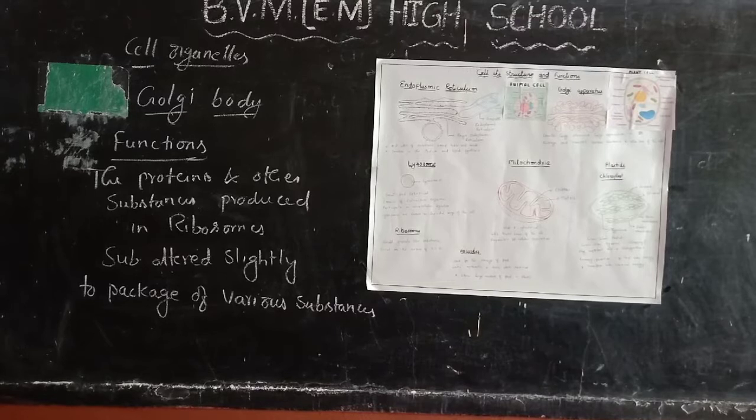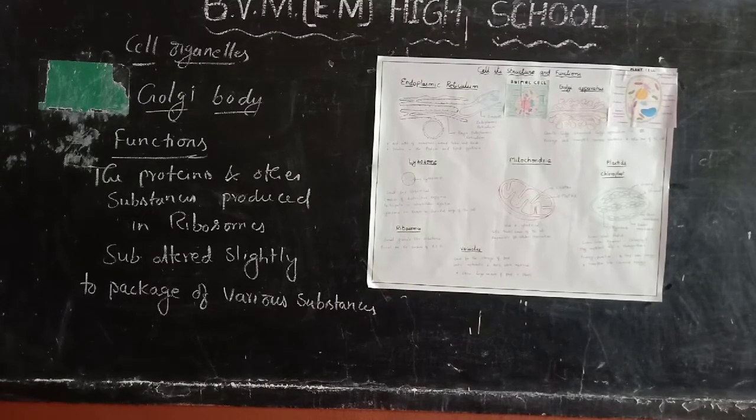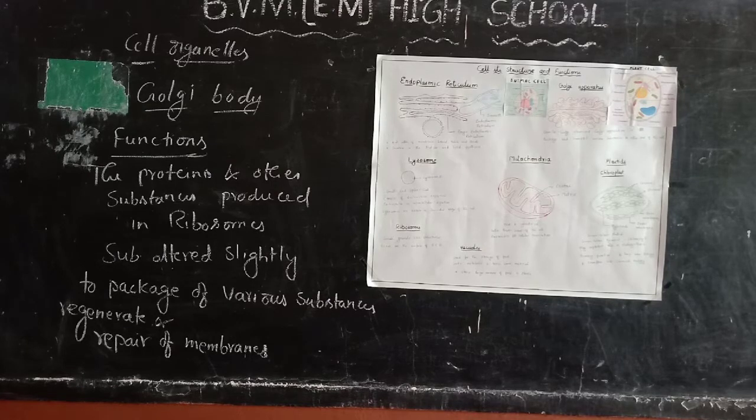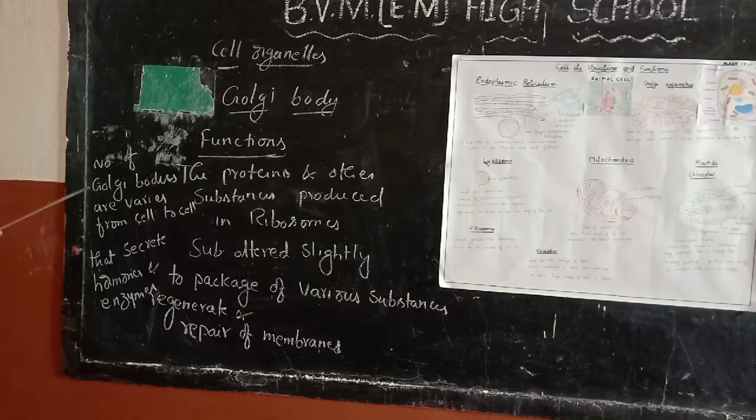These proteins and these substances are used to regenerate and repair membranes. The number of Golgi bodies varies from cell to cell.